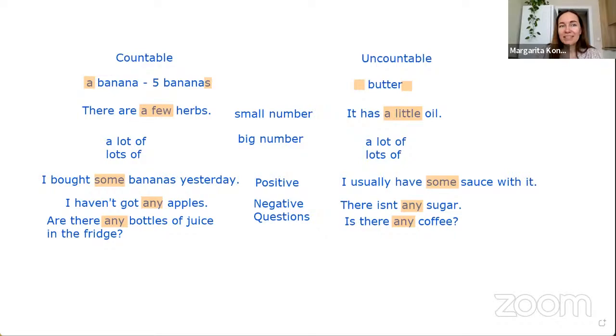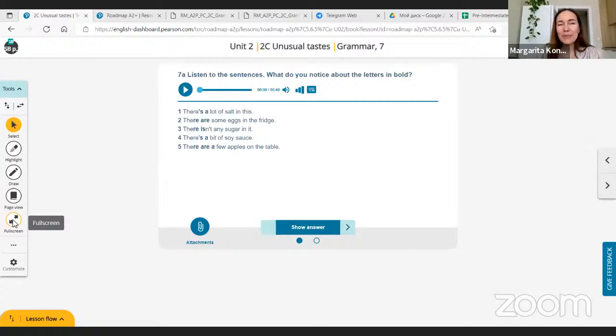Okay, now let's try to use all these forms. First of all, we are going to practice pronunciation a little. Have a look.